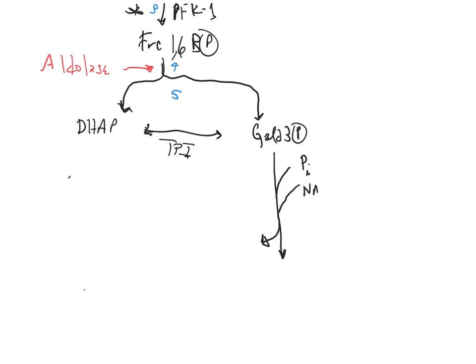And an NAD plus becoming, what does NAD plus become? NADH. This one right here is very important. A lot of times people will talk about how glycolysis is used to make ATP. However, it's really indirect.